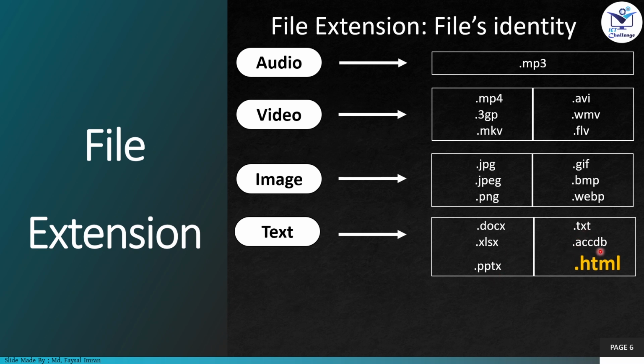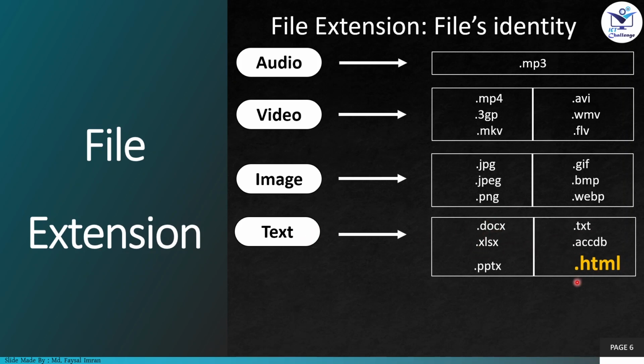So txt, accdb, and docx are used to keep any kind of document. xlsx is used for calculating accounts. pptx is needed for slides. The txt also contains many kinds of text documents. accdb is an Access database system, a product of Microsoft. Those are all file extensions of text.